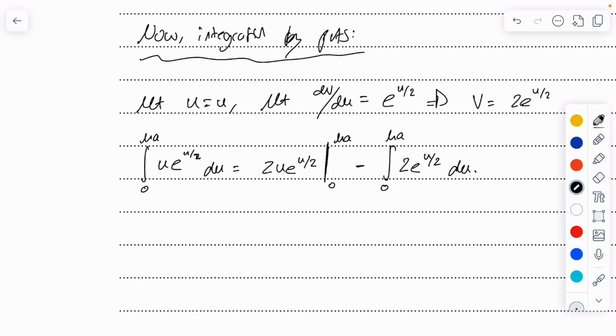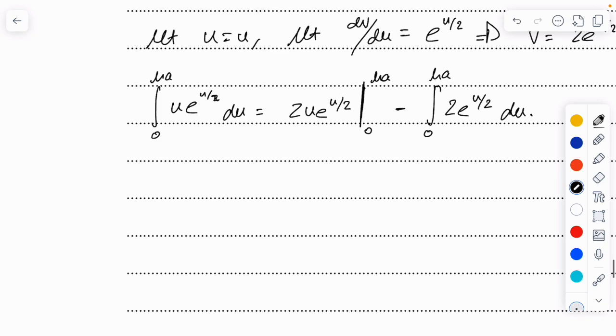Because now what we've got is, we can say 2 ln a e to the ln a over 2 minus 0.